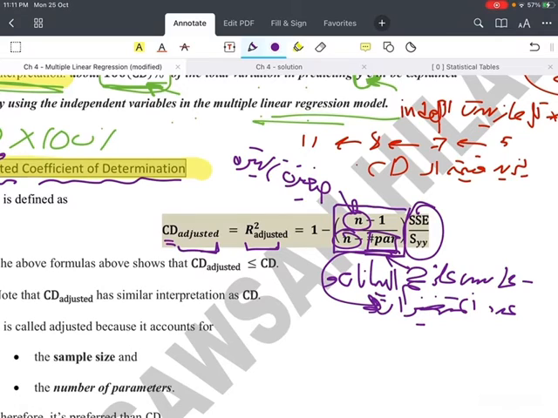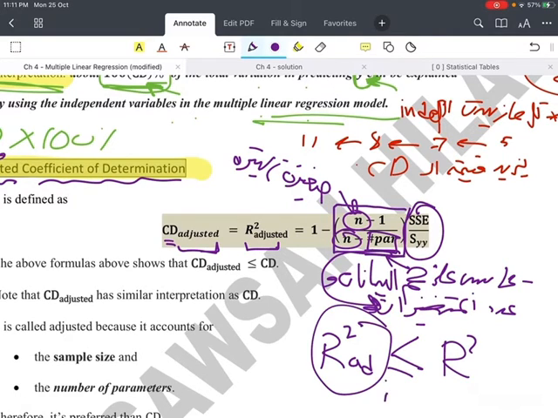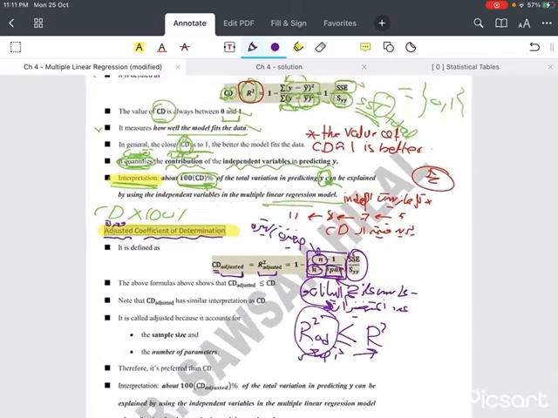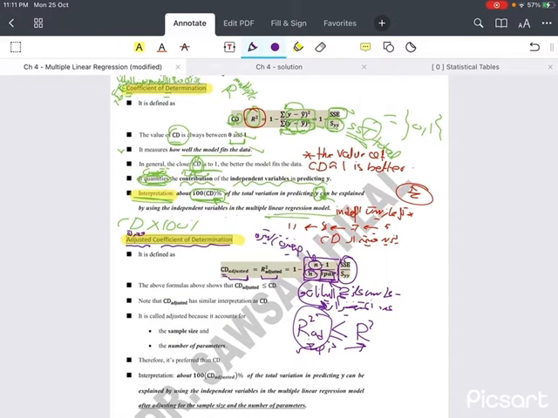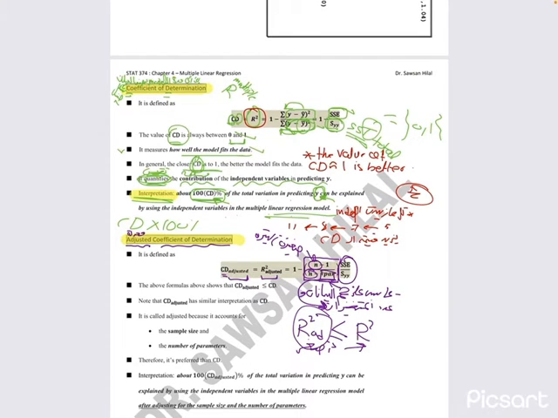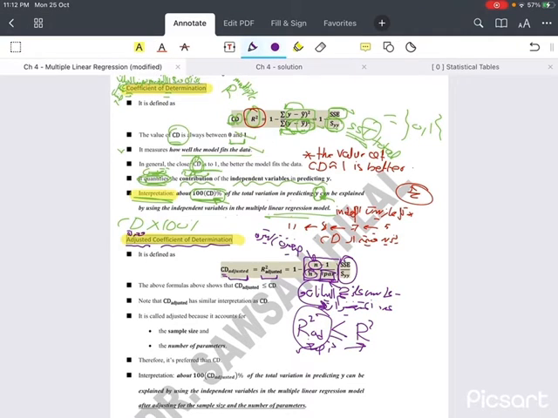So it tells me that R square adjusted will be less than or equal to R square. The adjusted one will be smaller than the original. We define something called the coefficient of determination, but this has some problems, so we define something called the adjusted coefficient of determination, whose value is less than the coefficient of determination itself.